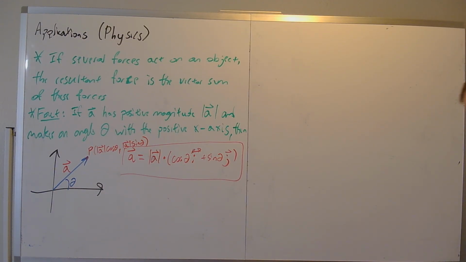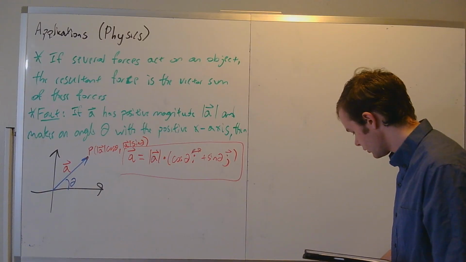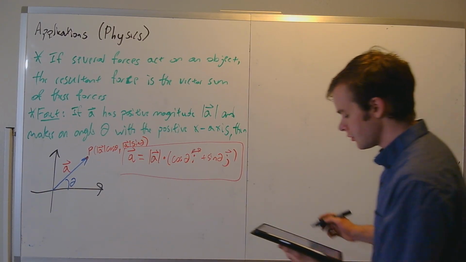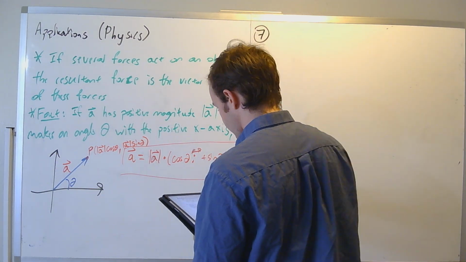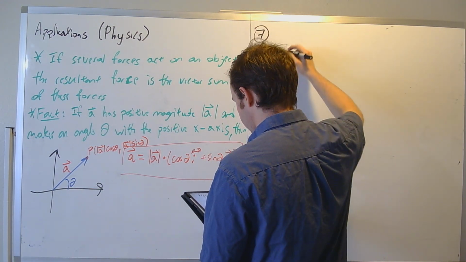So lastly, we want to go ahead and use this to do an example. Example number 7. This is kind of a long setup, so I'll write this down here.